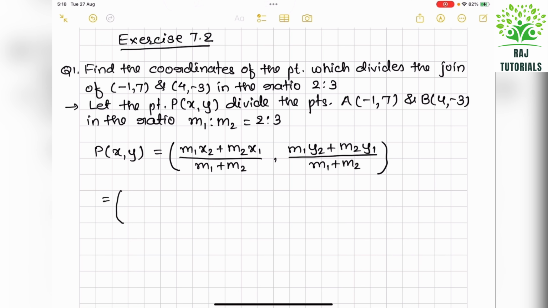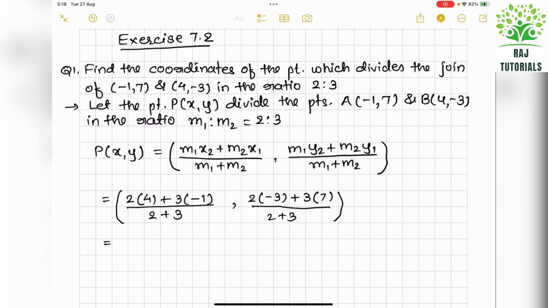So putting m1 is 2 into x2, x2 is 4, plus m2 is 3 into x1 is minus 1, upon m1 plus m2, so 2 plus 3, comma m1 is 2, y2 is minus 3, plus 3 into 7 by 2 plus 3.